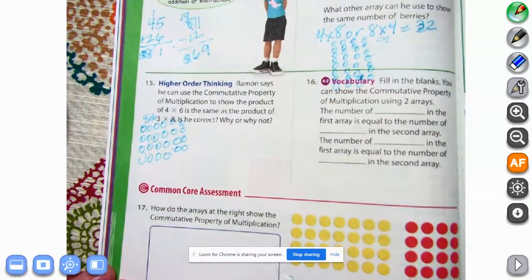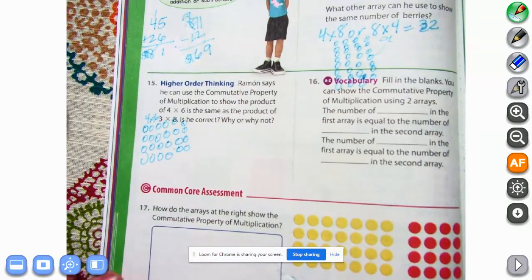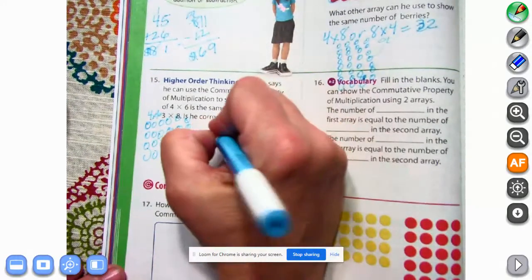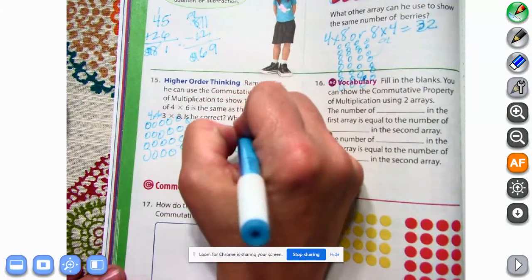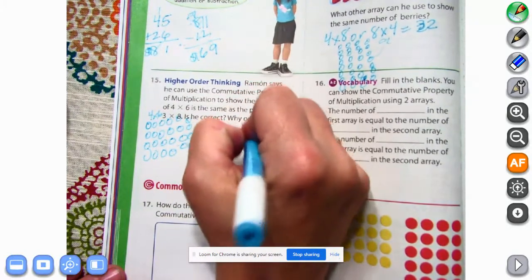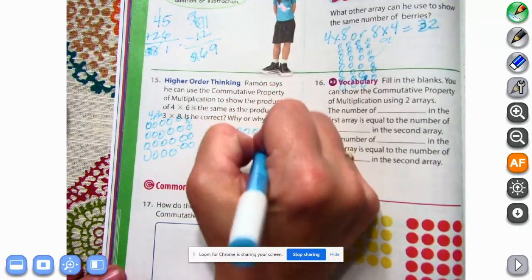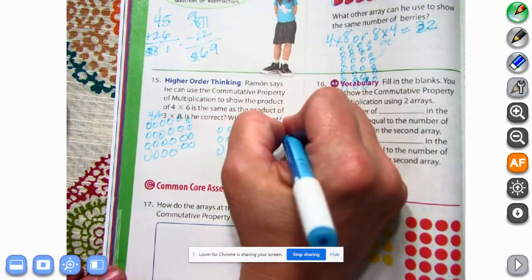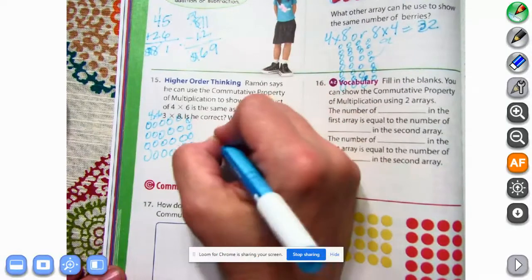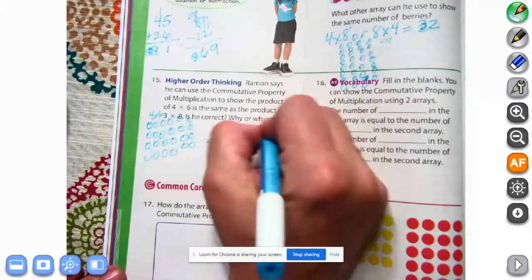Okay, so I have 4 rows of 6. Let's do 3 rows of 8. 1, 2, 3, up to 24. So there's 3 groups of 8.